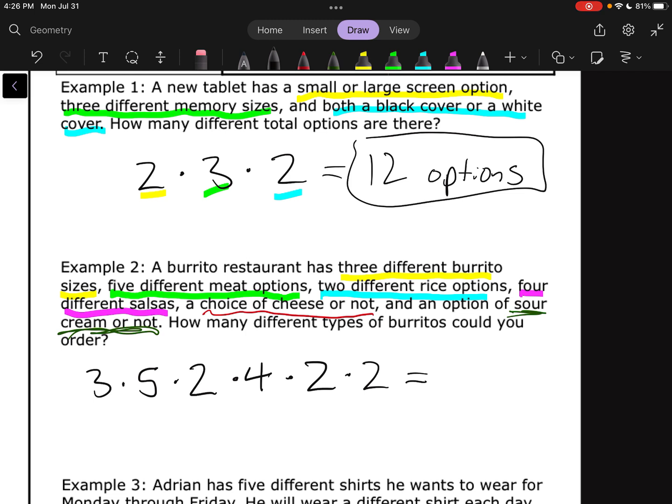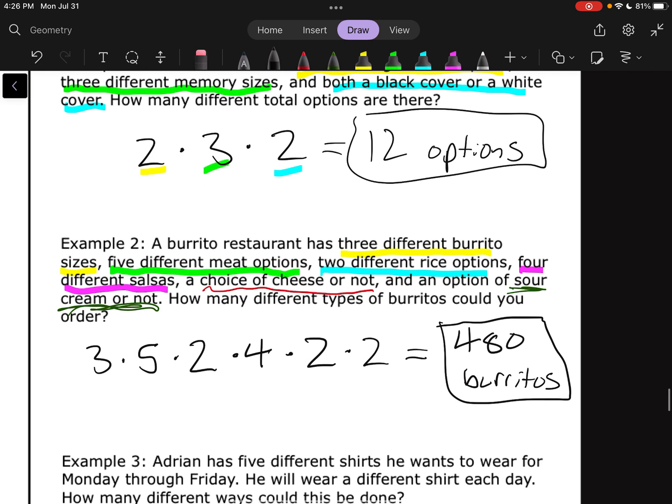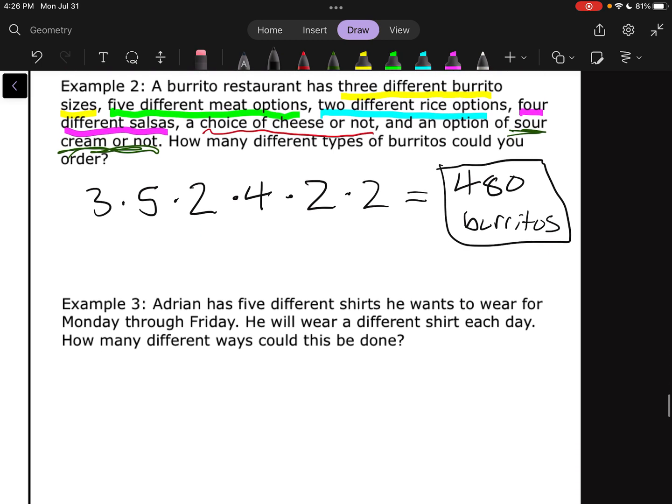I'm doing 3 times 5 times 2 times 4 times 2 times 2, and that is 480 burritos. Wow, a lot of burritos. That's not even taking into consideration maybe getting 2 different meat options or 2 different salsas on there. But if we're just picking one of each, 480 different ways we could do it.